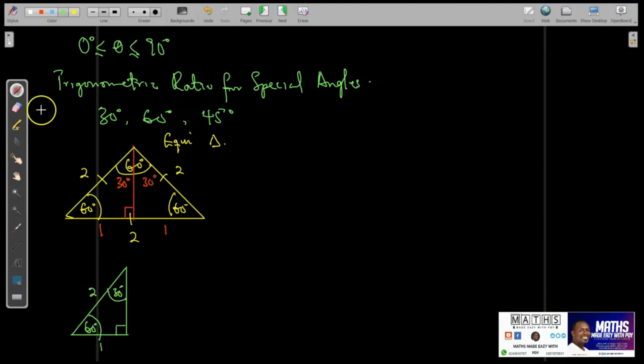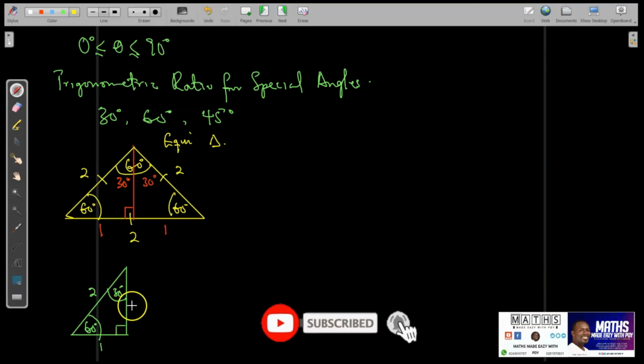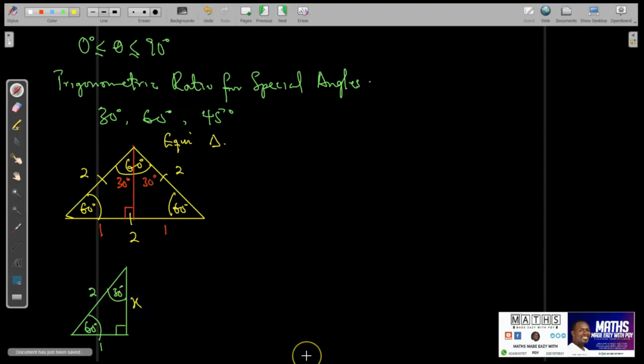What is missing from this right angle triangle? I think we don't know the length of the perpendicular line. Exactly, we don't know the length of the perpendicular line, which is either opposite to the 60 degrees or adjacent to the 30 degrees. Am I right? Yes. Can we label it as x?